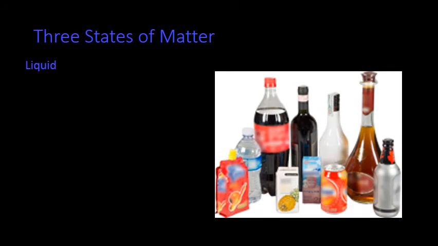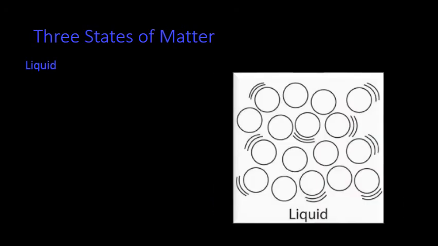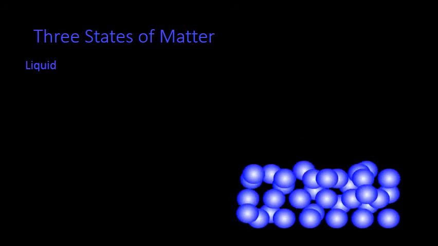Liquids, on the other hand, we have liquids all around us. Liquids have more energy for those particular atoms or molecules or elements or compounds or whatever. The liquids move a lot more, like that.